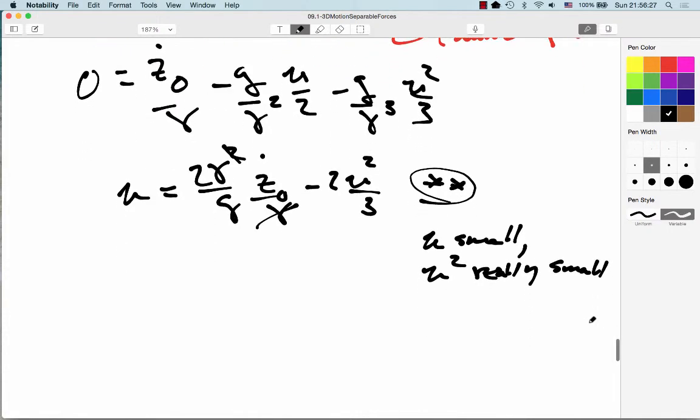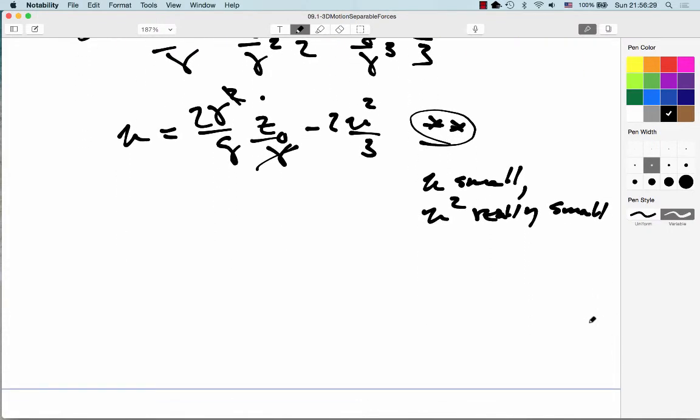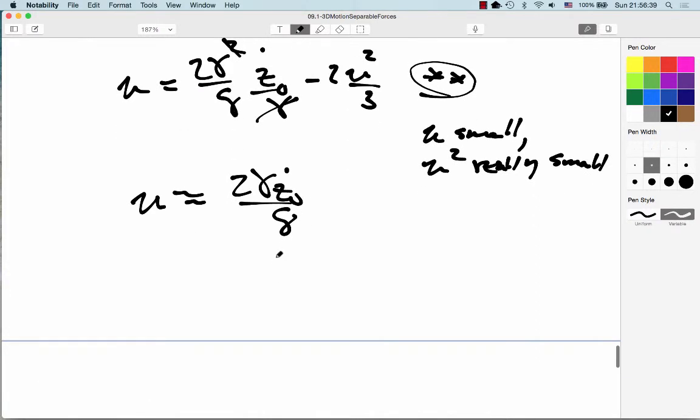So we can go back to doing successive approximations. Our first approximation is just u is approximately 2 gamma z naught dot over g. And then we can push that back into double star.